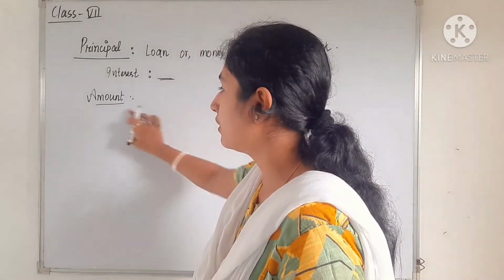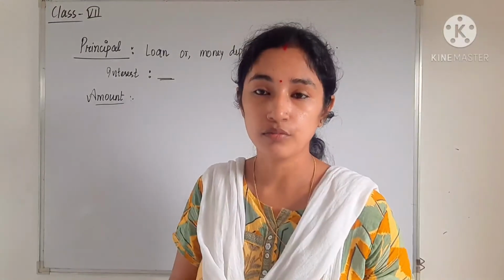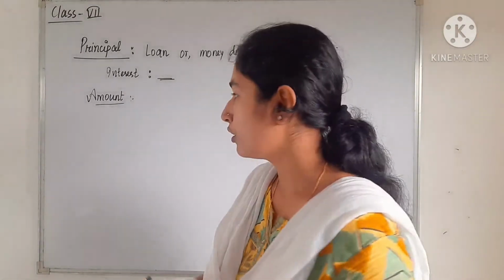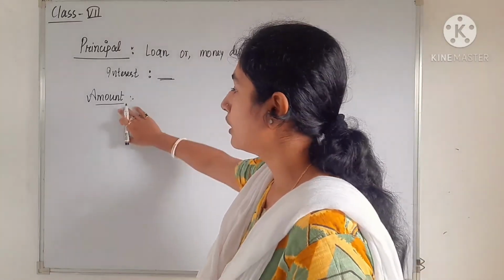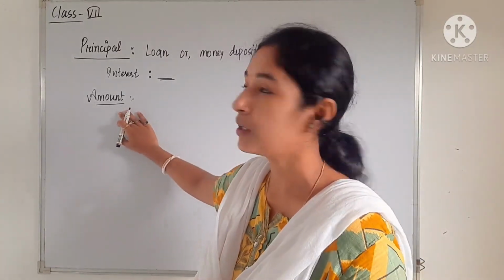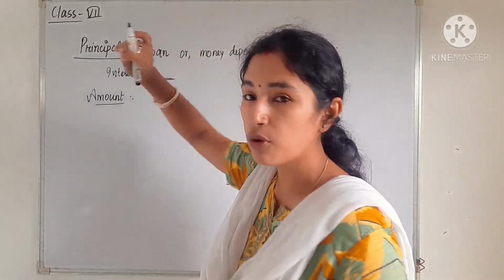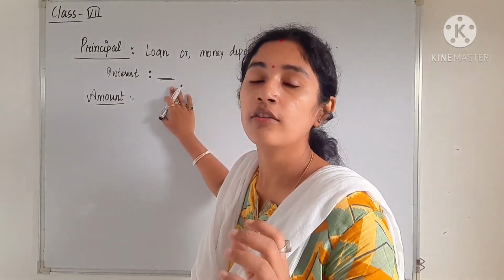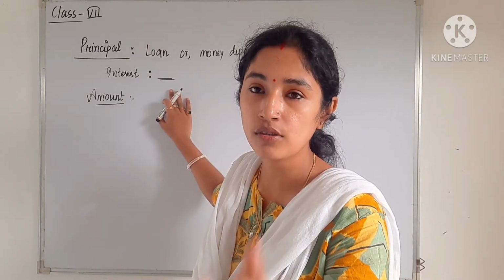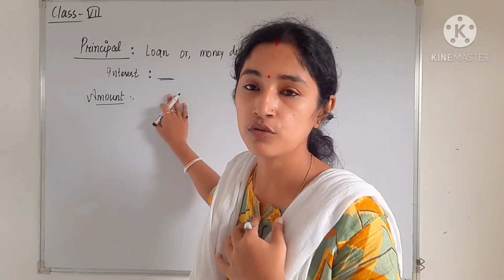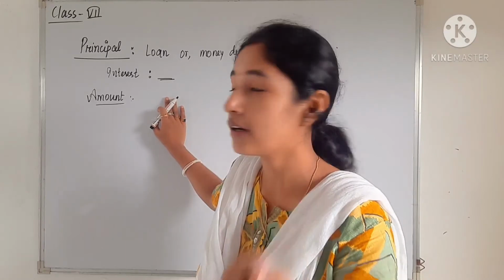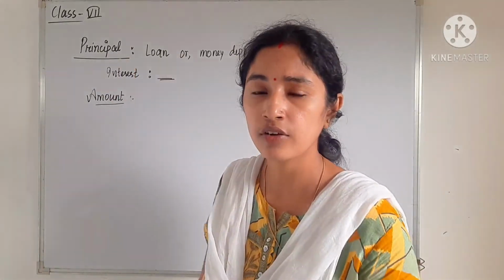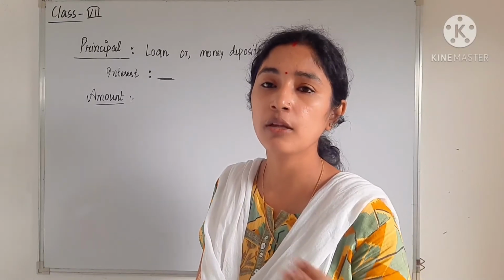Finally, after 2 months, if I go to the bank and want the money back, what will happen to my money? ₹1000 was deposited, but some interest is added to that amount. So the amount which I will get will be greater than the principal amount, say rupees 10 or rupees 5, depending upon the money which I deposited.